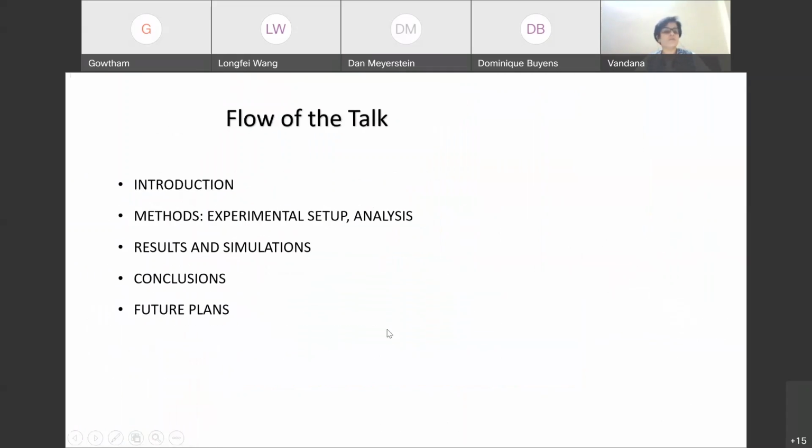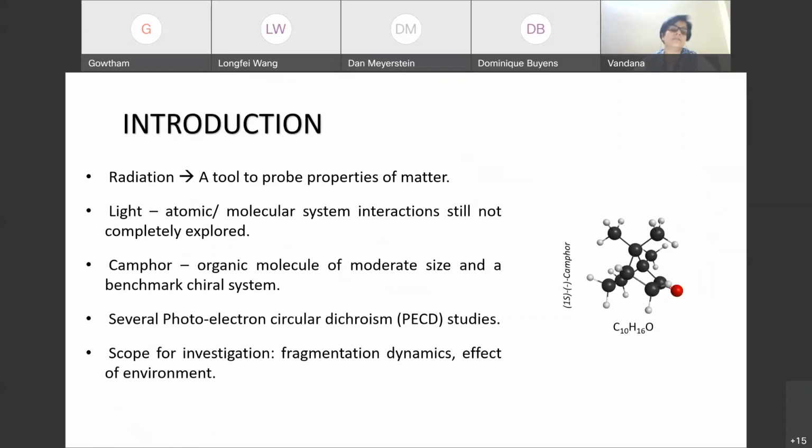The overall flow of the talk is that we'll start with the idea, what I really want to talk about. Then I will introduce the kind of experiments we do, and then we'll discuss the results. Our aim is to look into the fragmentation dynamics of the camphor molecule.